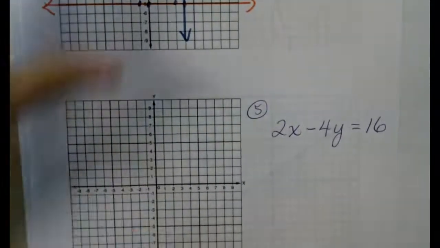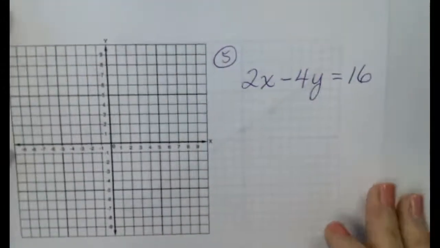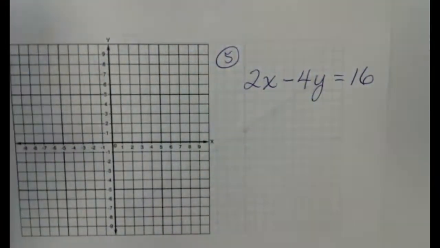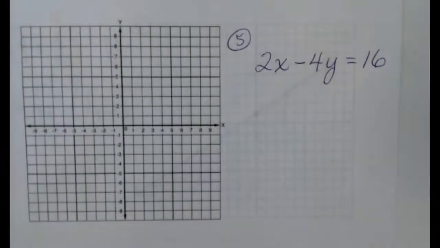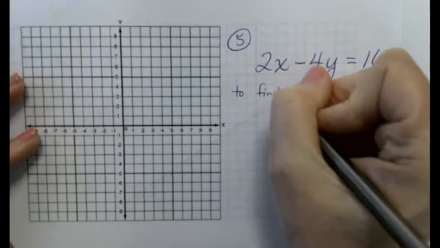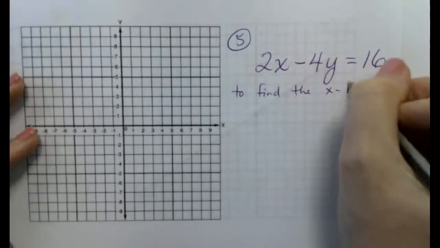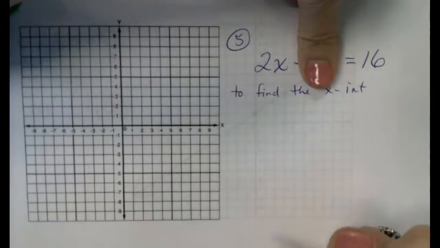Number 5. We can do number 5 a couple of different ways. How about let's look at it the way we were looking at finding intercepts in class. So to find the x-intercept, let y equal 0. So that's just covering up the y.